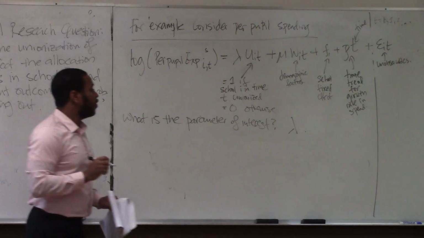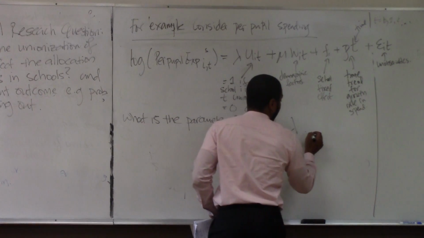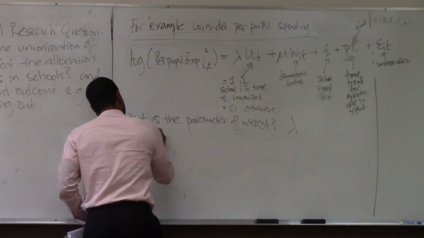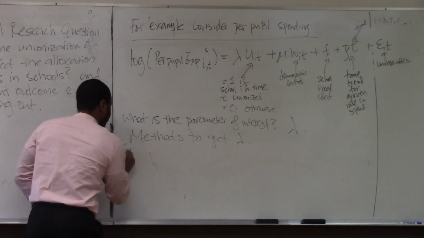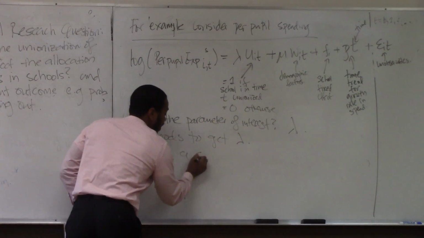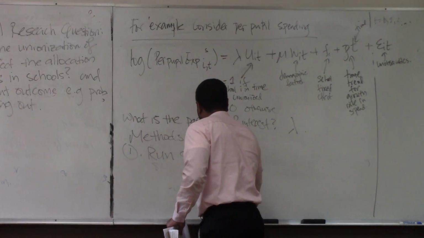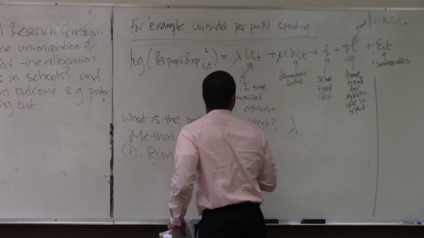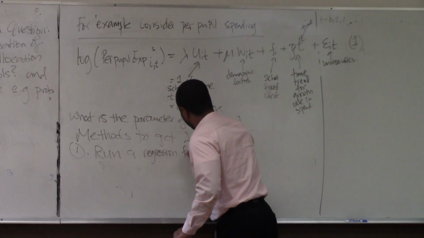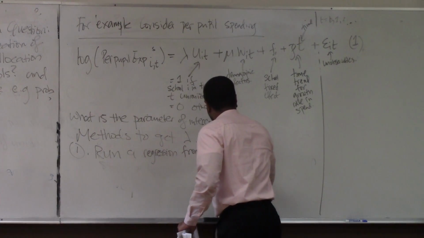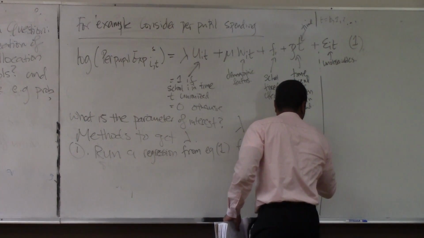And so the first method to get lambda, the parameter of interest, is to run a cross-sectional regression from the equation for each time period separately.